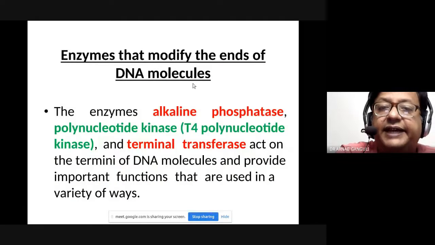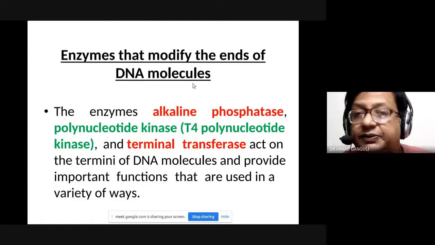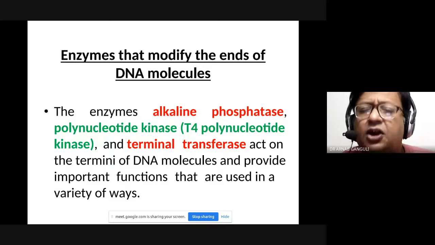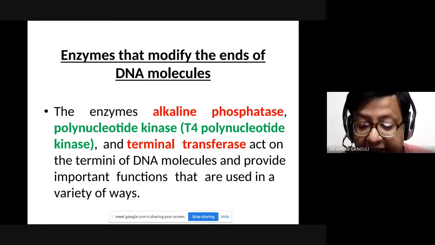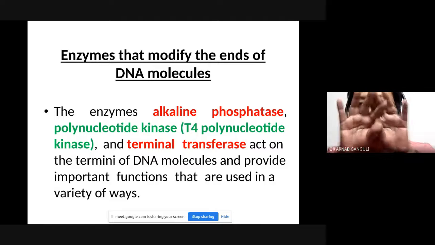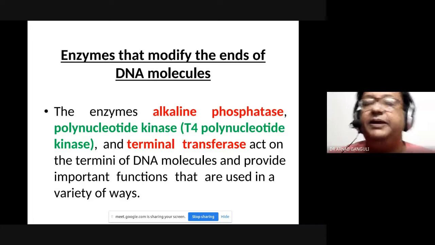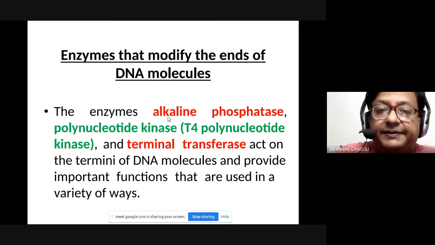Then you have enzymes that modify the ends of the DNA molecule. So these are the enzymes which are modifying somewhere in between. Although exonucleases digest from the ends, here you have the DNA 3' and 5' ends which are modified.